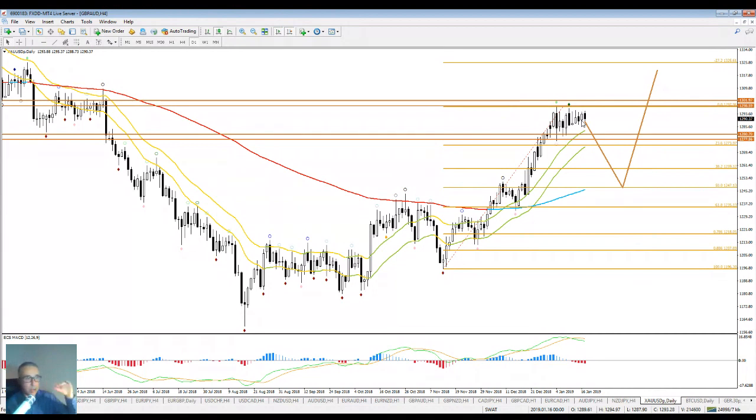If price goes sideways for another week, and somewhere at the end of next week we get a breakout, so price goes sideways for another 5 days or so and then breaks out, then even if it goes just sideways for 5 days, it's already starting to look more bullish, okay? Because in that case, we're looking at a triangle pattern like this, and that would indicate more upside.